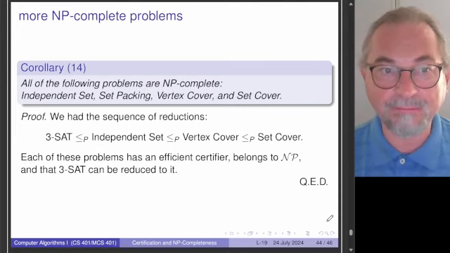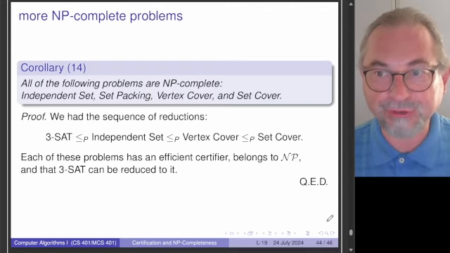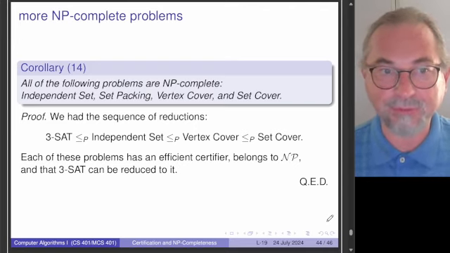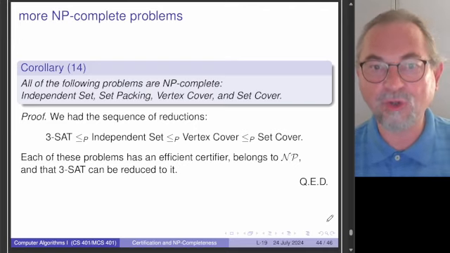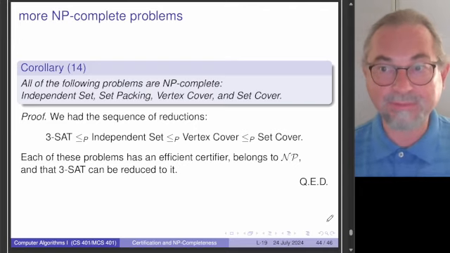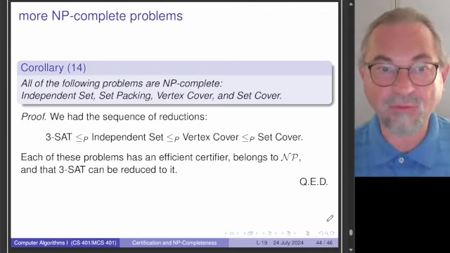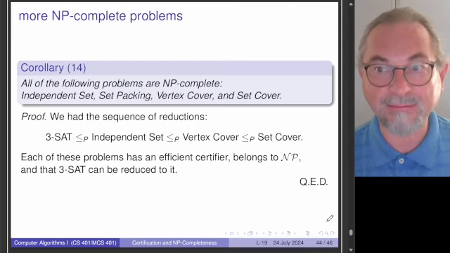And by the transitivity proposition, we could reduce the tree satisfiability to independent set, to vertex cover, to set cover. All these problems are now also NP complete.